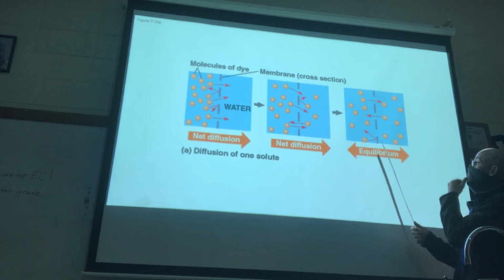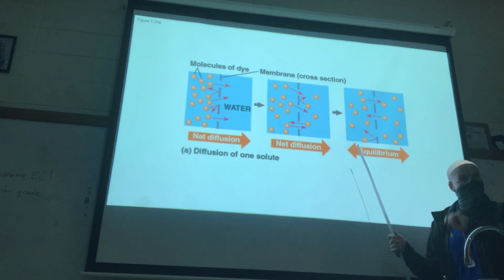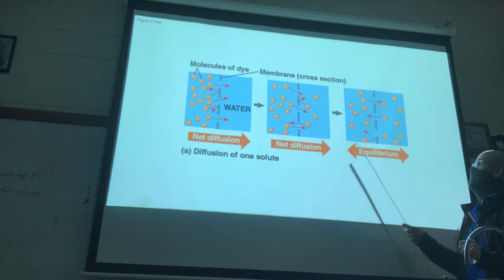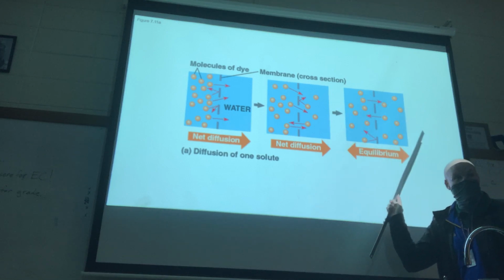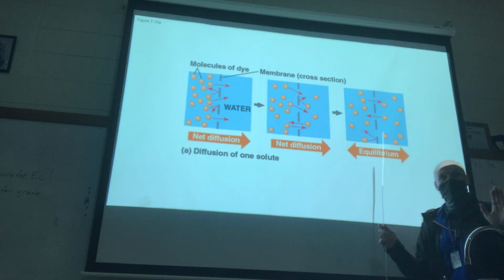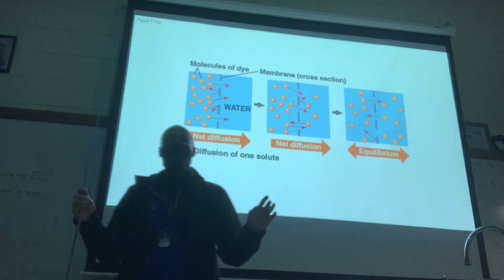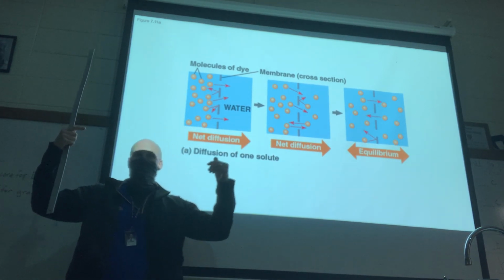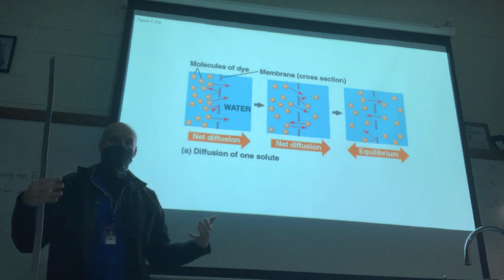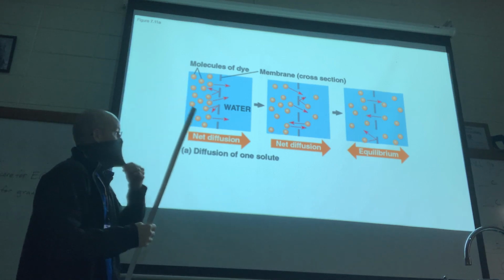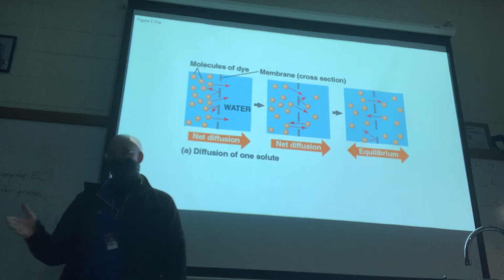But even when you hit equilibrium, there's still diffusion that takes place. It's just the same amount in both directions. So it's not like particles stop moving just because there's equilibrium. It's just that you have a situation where as many are moving out as are moving in, and there's no net change in where the particles are going.